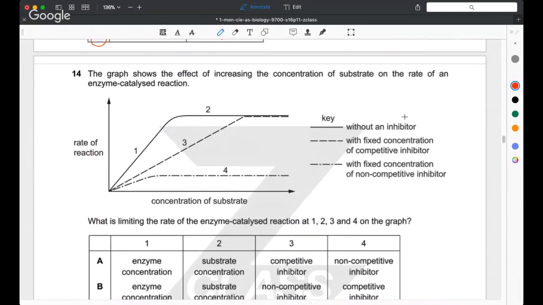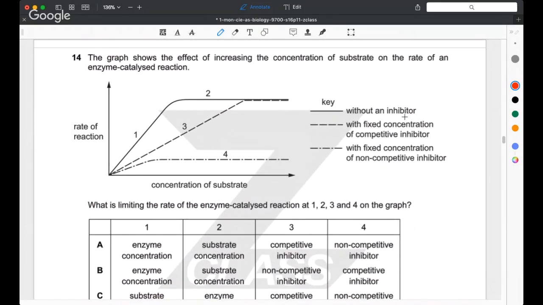Okay, more enzyme kinetics here. So this is just the enzyme reacting with substrate all on its own, that one there. This one here is working with the competitive inhibitor, and this is working with the non-competitive inhibitor here. And what's happening at point 1 is that you can see as you increase the concentration of substrate, the rate of reaction goes up.